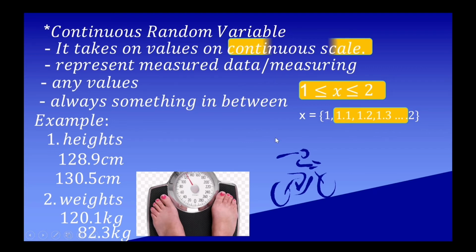So again, it is a continuous random variable, the value is obtained by measuring, and we also have numbers between the specific values.